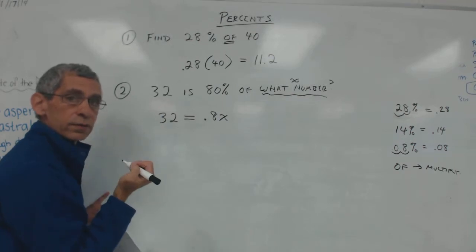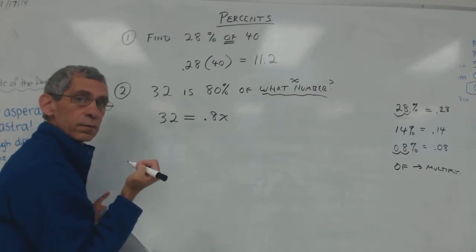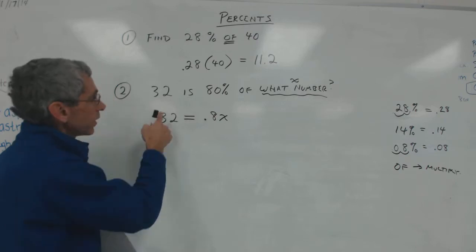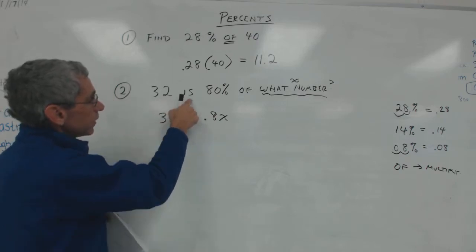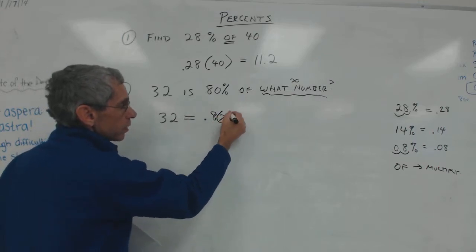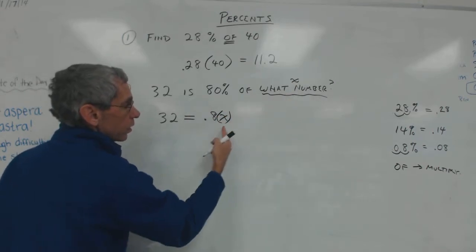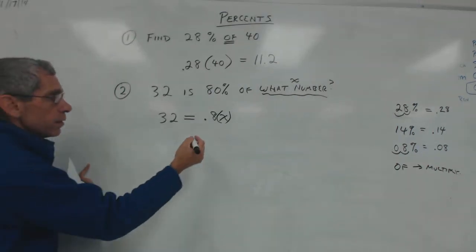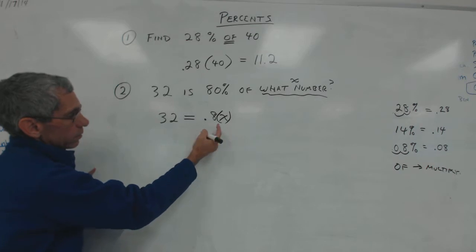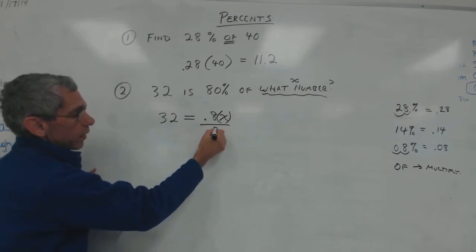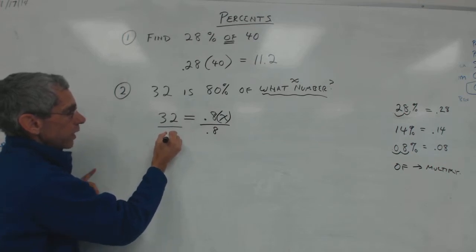Now, what would I do now? I want to know what x is. Do you all see how I did that? 32 equals 0.8 times x, and some people did it like that, that's fine. I don't know what to do with x as a decimal. Well, let's divide by what? 0.8. We're dividing by 0.8.